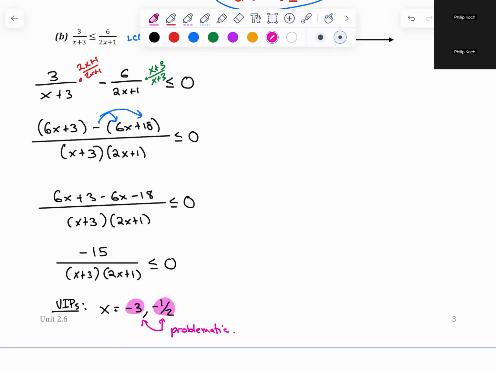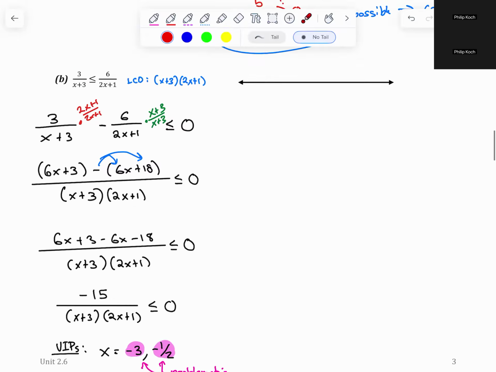So they can't be included in the calculation. Even though this is a non-strict inequality, if we find an interval that has that as an endpoint, we cannot include it because it makes the expression become undefined is less than 0, or undefined is less than or equal to 0, which doesn't make any sense.